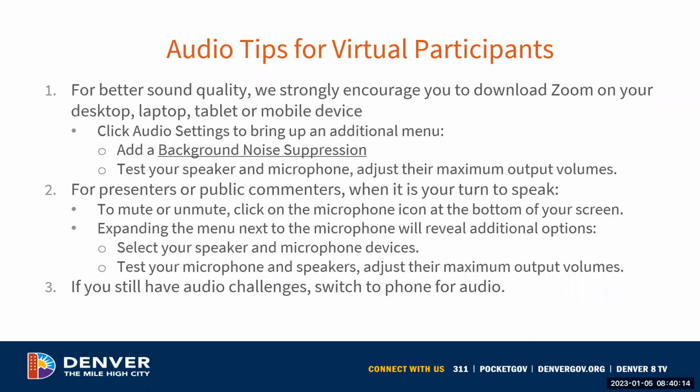You can select your speaker and your microphone devices if you're having trouble with any of those. And again, it will allow you to test your microphone and your speakers and adjust their volume. If you still are having issues, you can always switch to calling in via phone to allow you to utilize your volume.